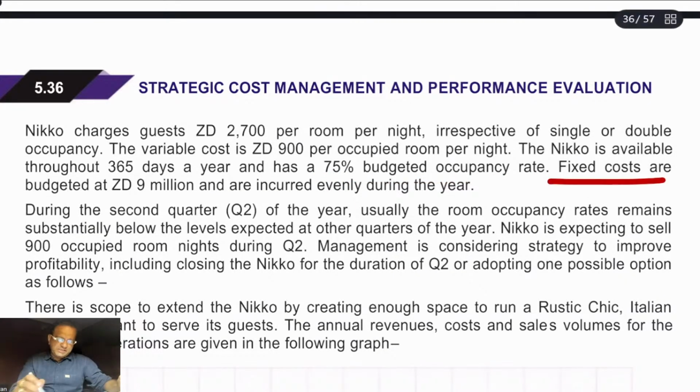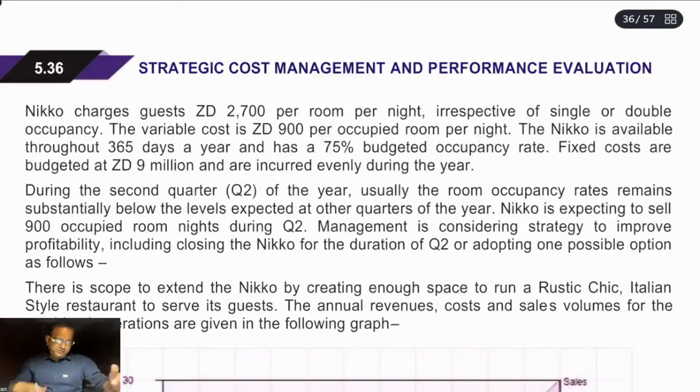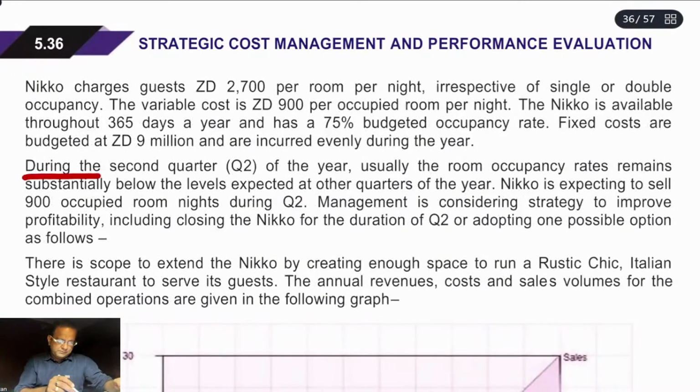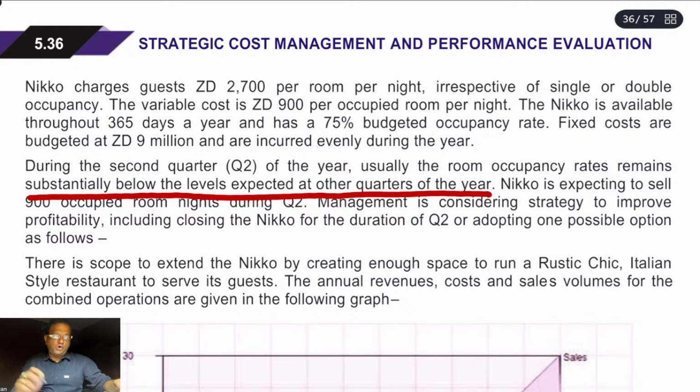Fixed costs are budgeted at 9 million, okay, and are incurred evenly during the year. During the second quarter, that is quarter 2 of the year, usually the room occupancy rate remains substantially below the level expected in other quarters of the year.